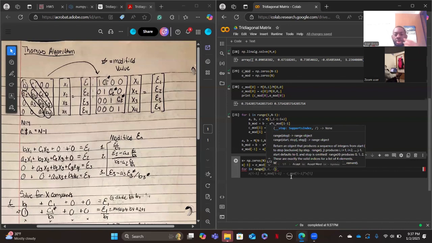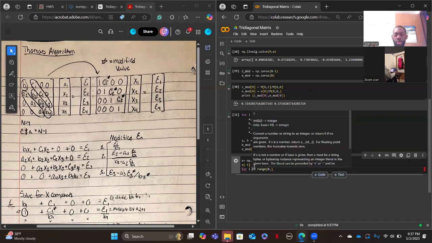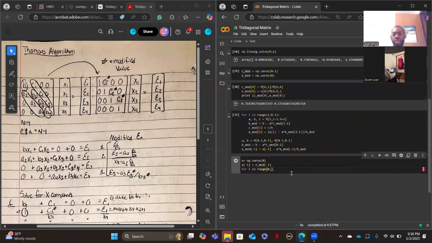So we need to go backwards. So it's for i in range of n. We know n is 5, and we're going backwards from -1, and then -1 again.